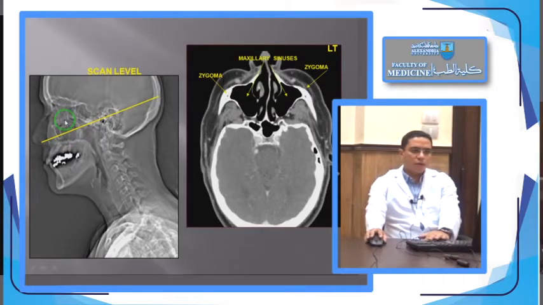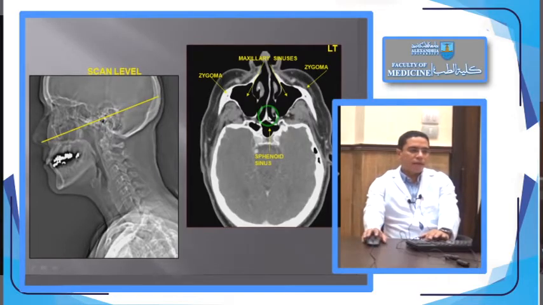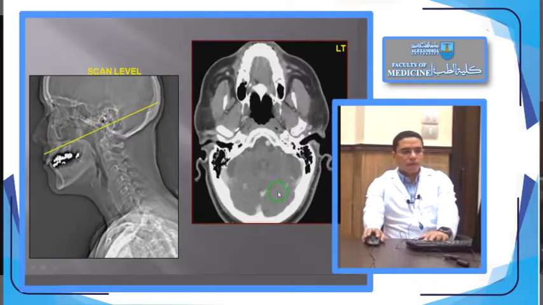This is actually the maxillary sinus. There is another air cavity behind the maxillary sinus, which is the sphenoid sinus. And as you can see here, this is the skull, and inside the skull here is the brain.